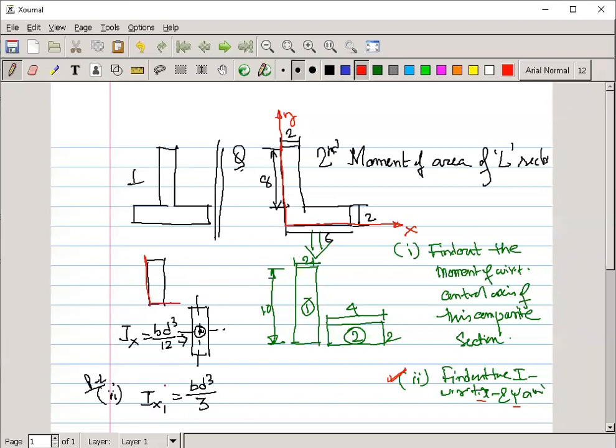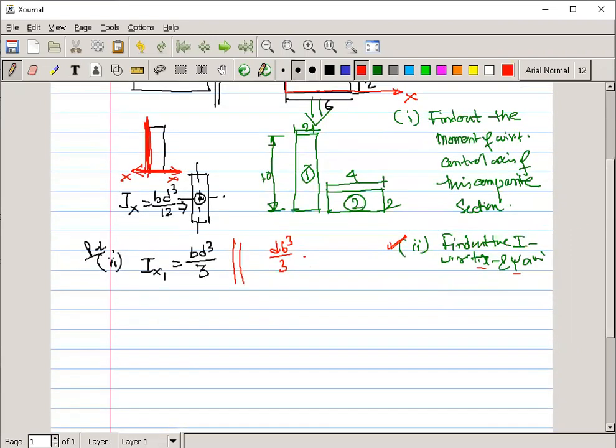When we talk about the x-axis, it is BD cube by 3. When we talk about the y-axis, then it is DB cube by 3. Last to last class, I think we have done this, right? Do you remember this or forgot? Remember, sir. Okay, good.